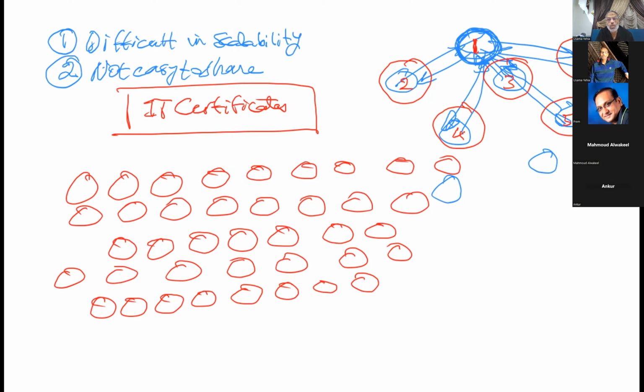Then, why do we use it if we have all these problems? Because it is very fast in encryption and decryption of data.